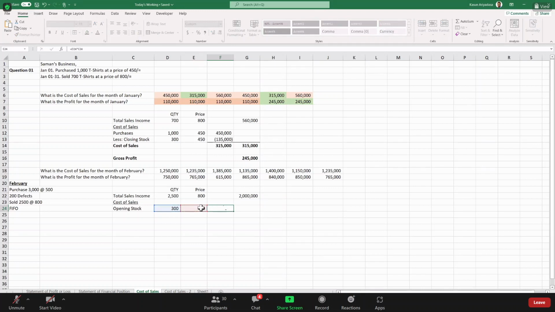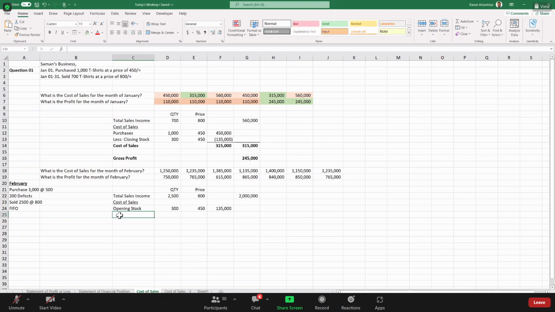And we said that we are using first in first out, so the first stock that came in is sold first. So this stock amount will be used to generate this income, and this 300 is included in this 2,500.